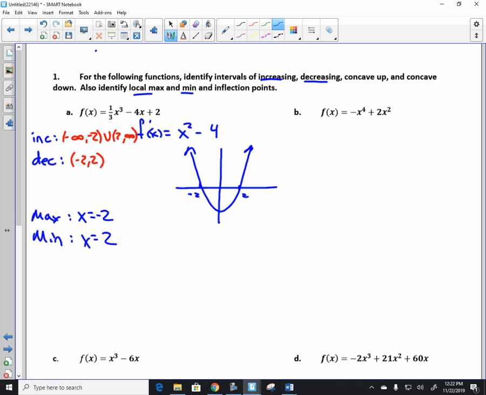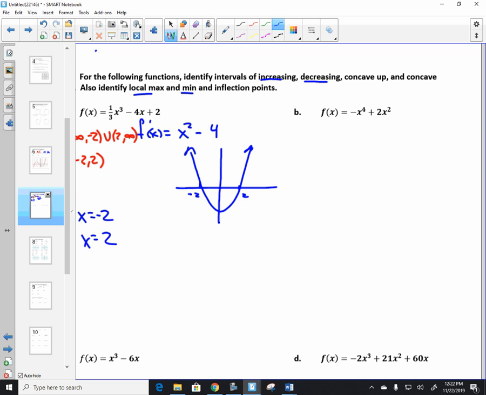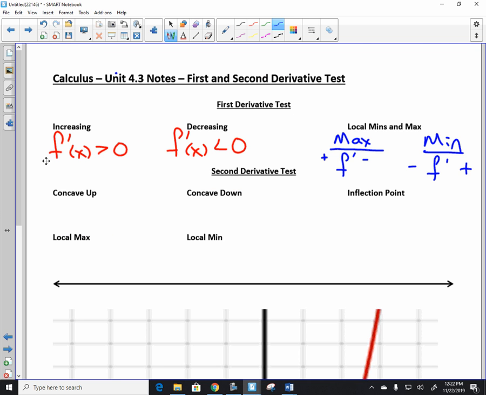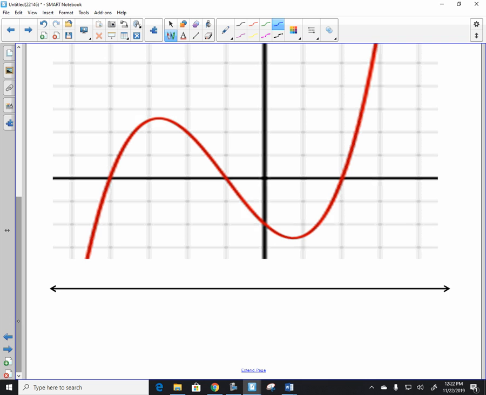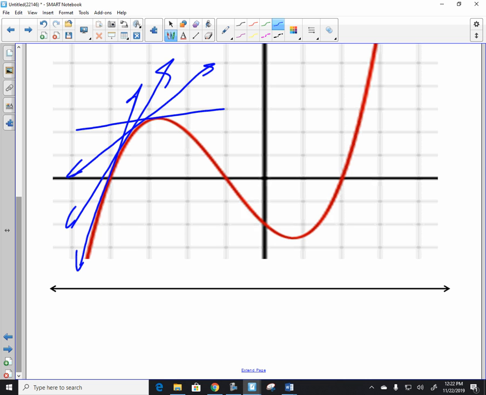Okay? Let's look at the second derivative test. This is where people get slightly confused. Let's try to walk through the process. You don't have to draw all these. Just kind of watch. I did have a computer app to help out with this.